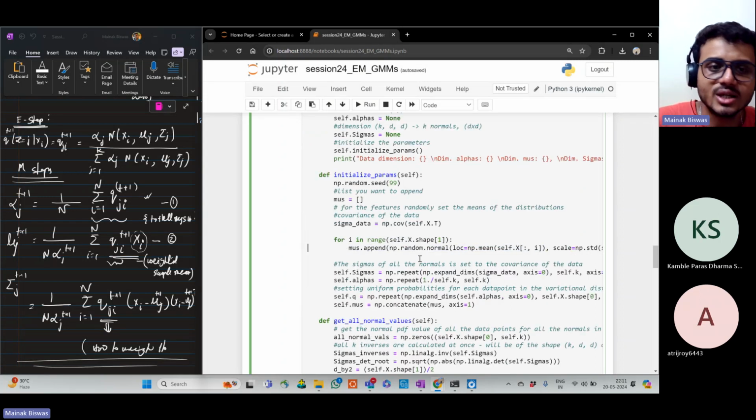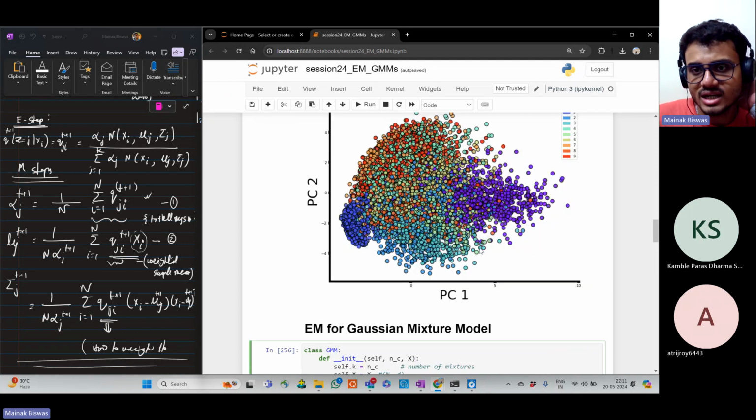These are the starting points of the mean and standard deviation, because it's an iterative algorithm and you need a starting point. Say you have two features.